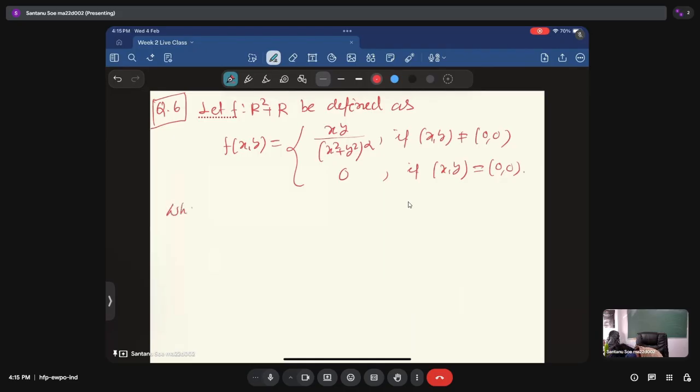Then what is the value of alpha such that f will be differentiable at (0, 0)?